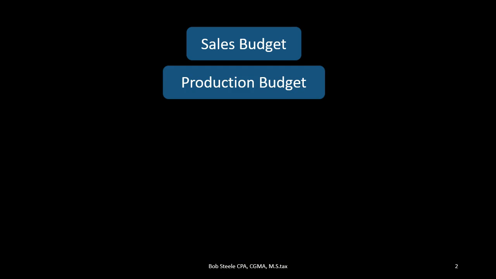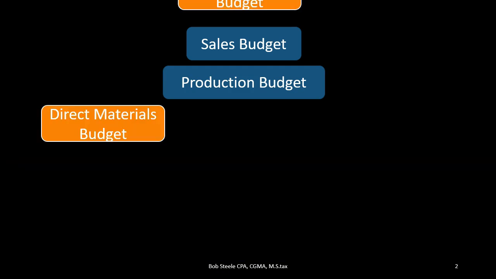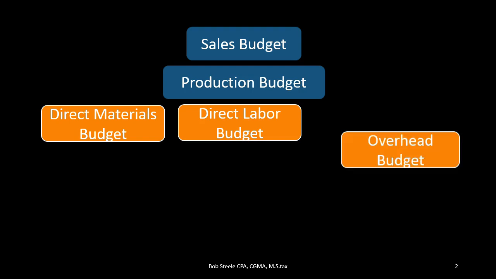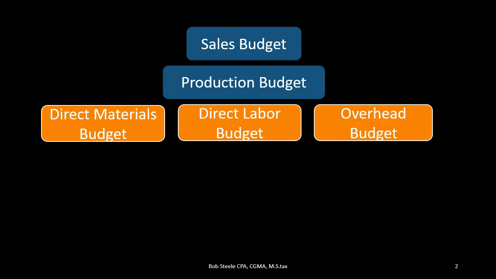Now, remember, the budget needs to be done in a specific order because we have to know some information before we can move forward to other components of the budget. The first thing we start off with is typically the sales budget. We've got to know how many units we're going to sell and what the sales amount will be before we can do other components. Then we can go to the production budget. Then we've got the direct materials budget, the direct labor budget, and the overhead budget.